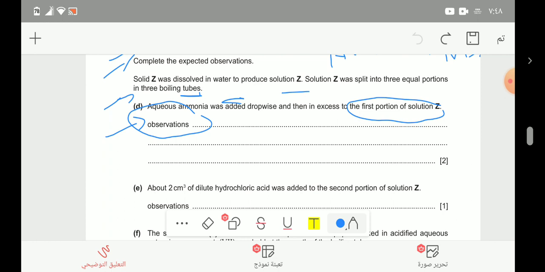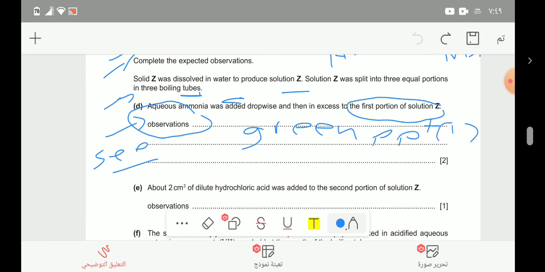Observation means what you see, what you smell, or what you hear. So for observations here we write green precipitate. We have one mark here. The second mark will say precipitate insoluble in excess, as we said.